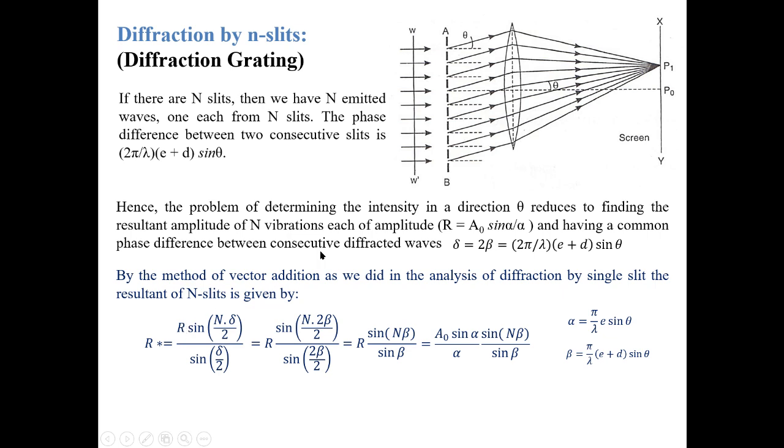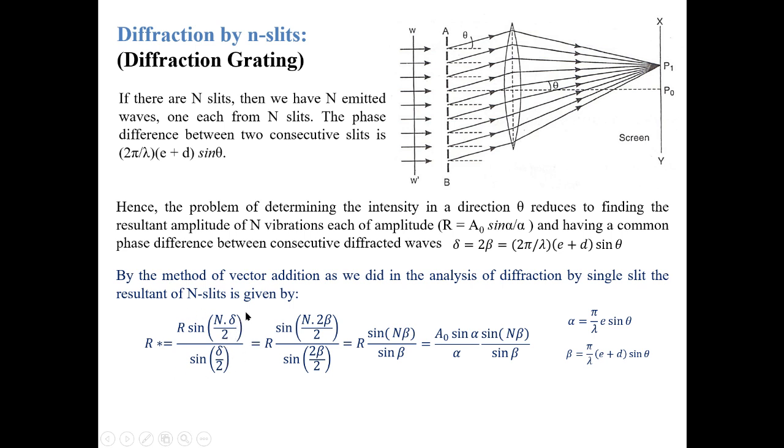Here this R is the amplitude of the light ray emitted from each single slit, and this capital N is the total number of slits in the grating which are illuminated by the incident wavefront. Here this delta is the phase difference between two consecutive diffracted light rays. This delta can be written as twice beta, so that delta upon 2 will be beta.